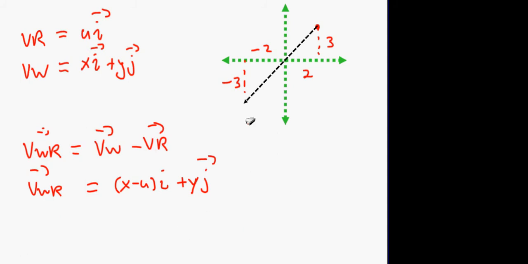So we have to examine the angle, angle x we'll call it. We say that tan x is minus 3 over minus 2, which is 3 over 2. And this tan x also equals x minus u all over y. Would you agree with that?